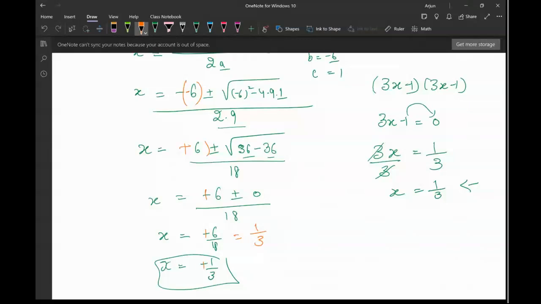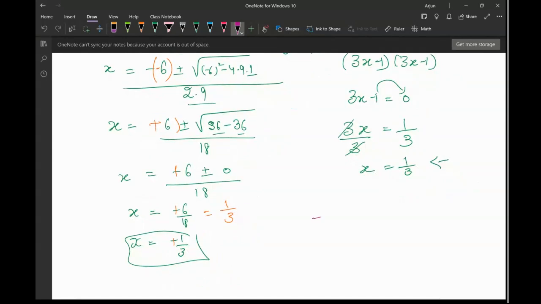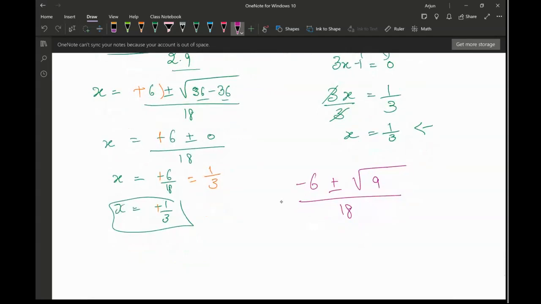Now, here is one more thing I wanted to tell you. Imagine I'm just taking a number. If the numbers came out to be minus 6 plus minus square root of, let's say, 9, divided by 9 times 2 is 18. I'm just trying to tell you what you need to do, because accidentally we got this as 0 in this question.